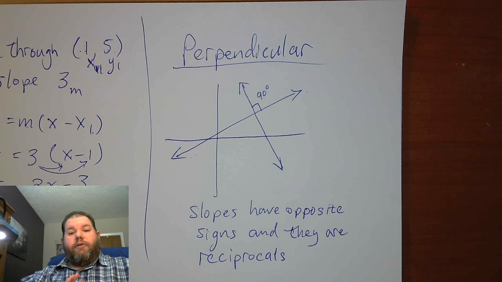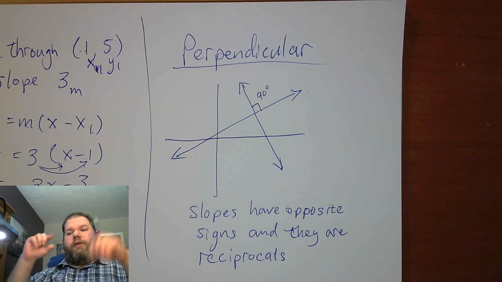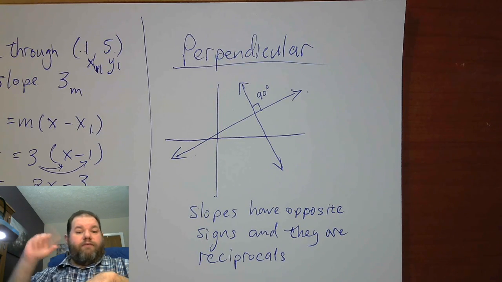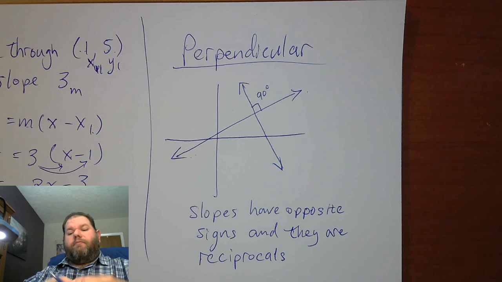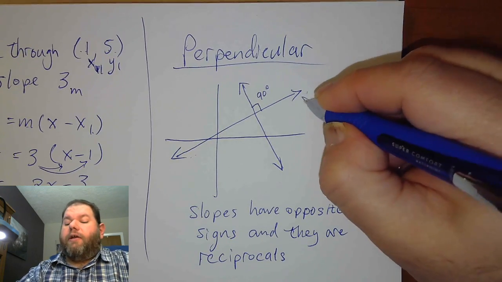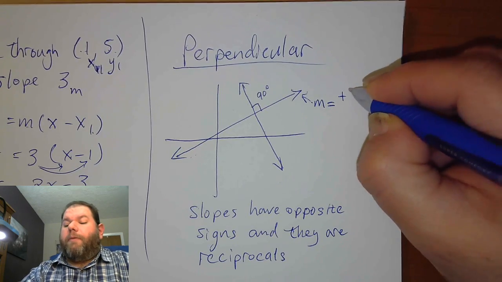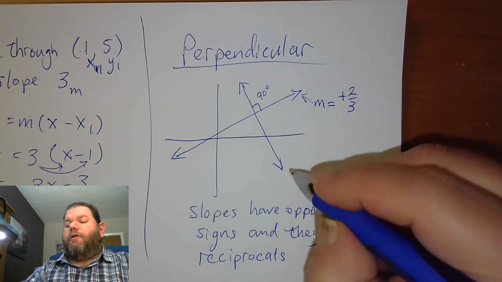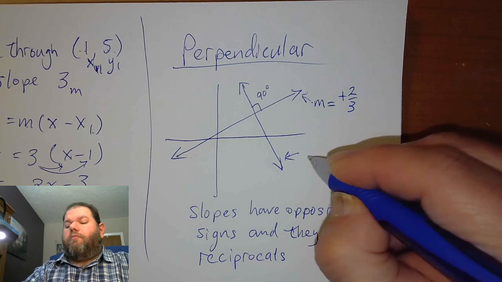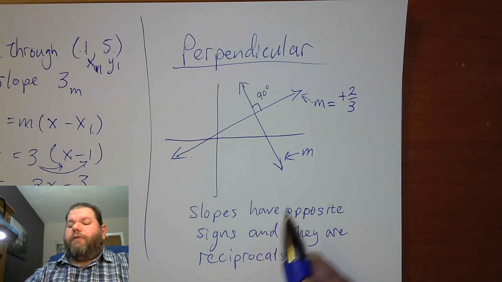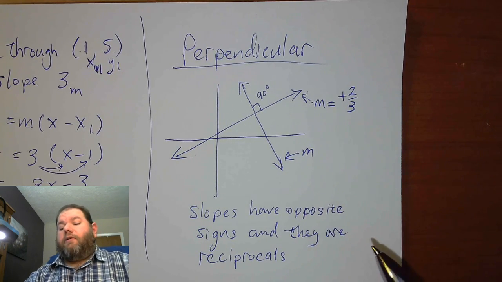So not only are they generally going to be different slopes, we would actually say that they are reciprocals. Reciprocal means that if we take the fraction for one and flip it over, then we get the other. So if this line had a slope of, let's say, positive 2 over 3, what do you think the slope of this other line would have?